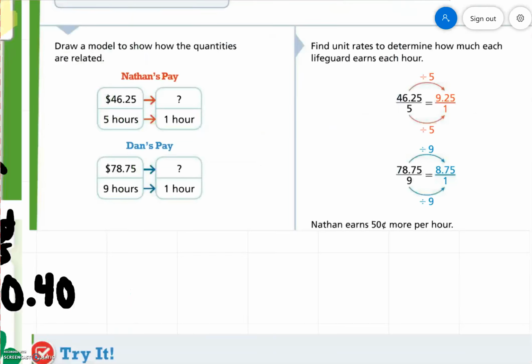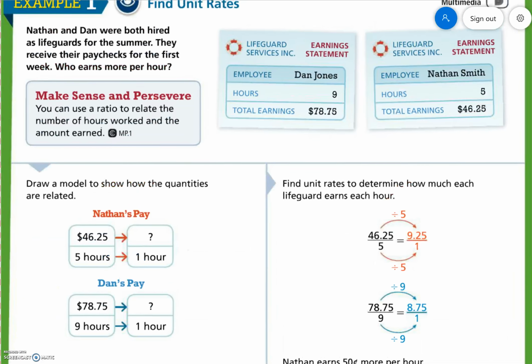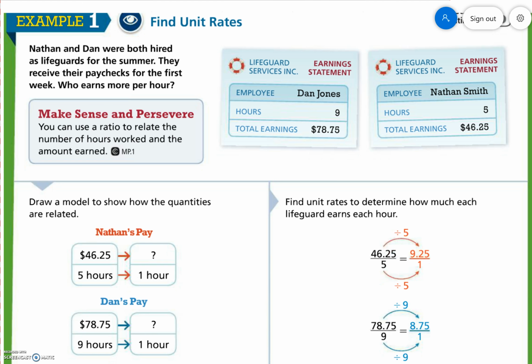Okay, example number 1. Finding a unit rate. Nathan and Dan were both hired as lifeguards for the summer. They received their paycheck for the first week. Who earns more per hour? So it says that Dan works 9 hours and earns a total of $78.75.